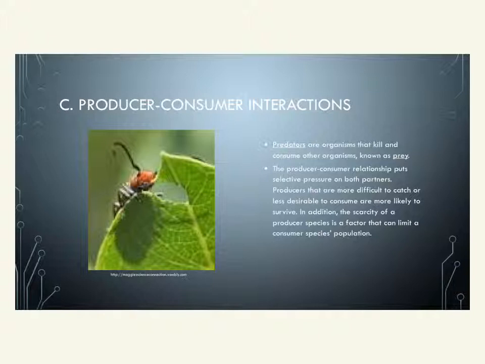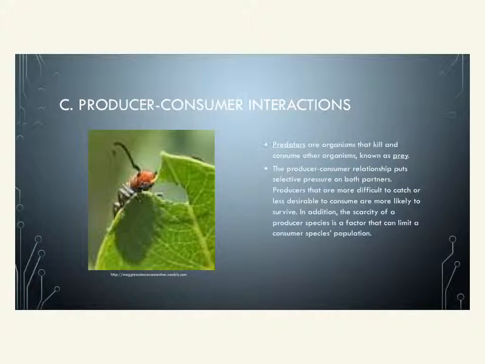So producers that are more difficult to obtain or less desirable to consume, so perhaps there's a bitter taste or something like that, they're going to be more likely to survive because the consumers are not going to desire them as much, and instead they will go after things that are easy to get or that taste better.